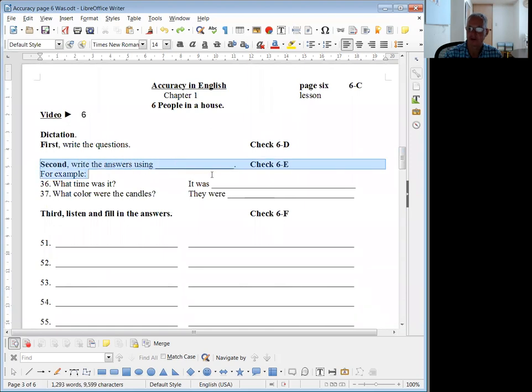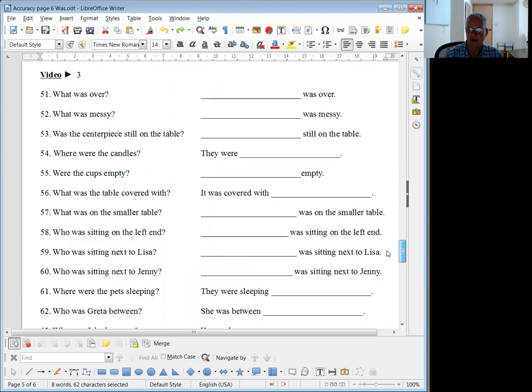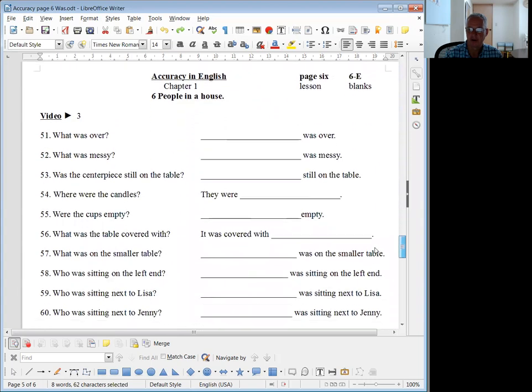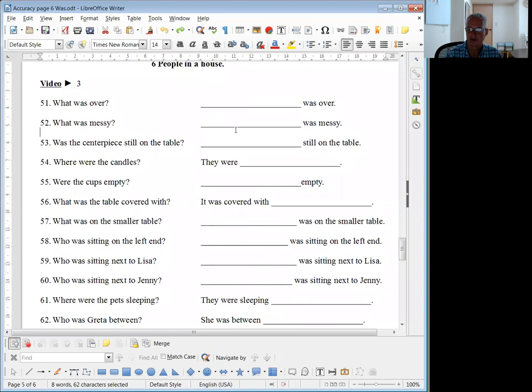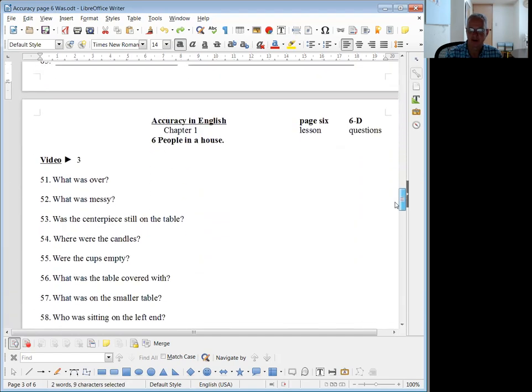Second, write the answer using blank and check on page E. So on page E, you should have this one, like this. Okay. And then third, listen and fill in the answers. Write the answers and you check on page 6F.